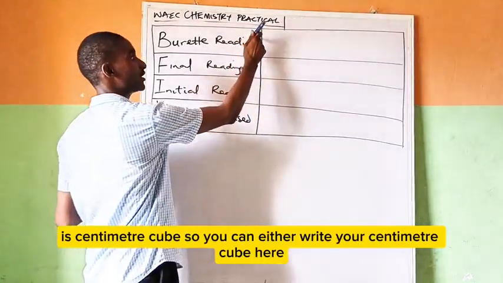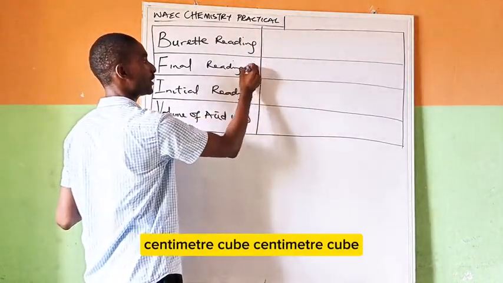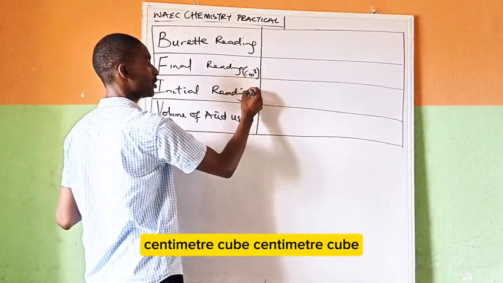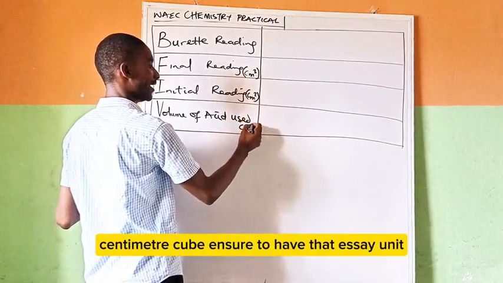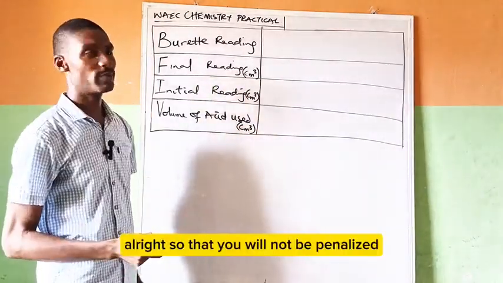You can either write centimeter cube once here, which covers for everyone, or you repeat it: centimeter cube, centimeter cube, centimeter cube. Ensure to have that SI unit so that you will not be penalized.